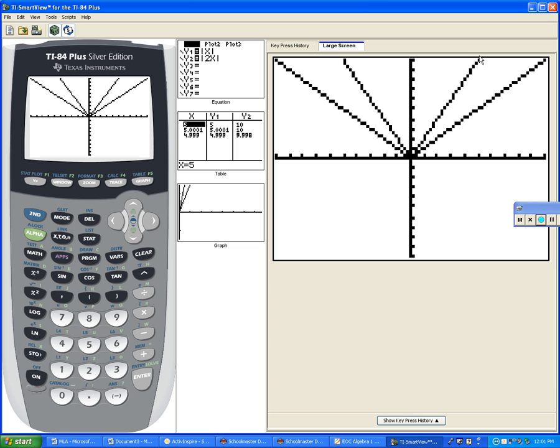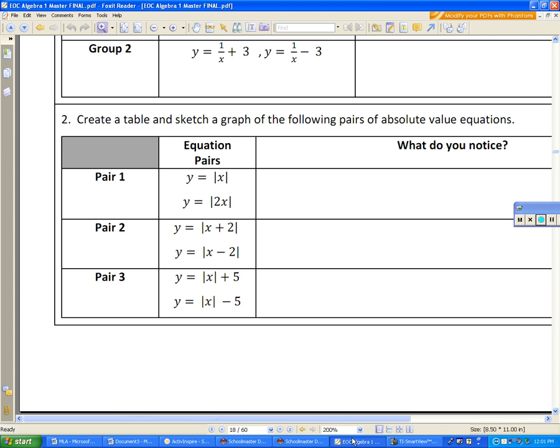This one is the absolute value of 2x. What's different? It's slimmer, narrower. Okay, good. So let's put that down for what do you notice? Tristan said y equals the absolute value of 2x is slimmer. Okay?